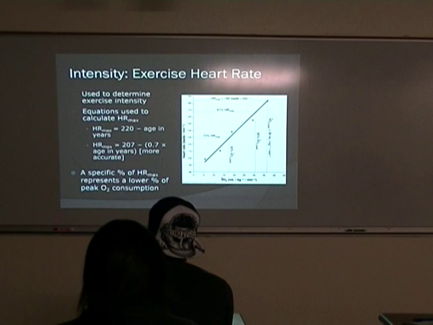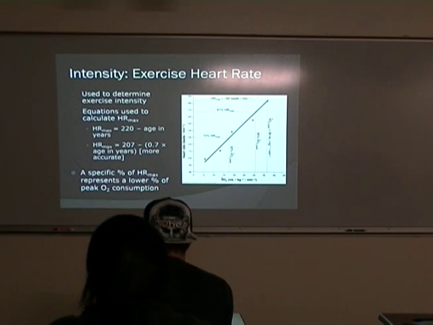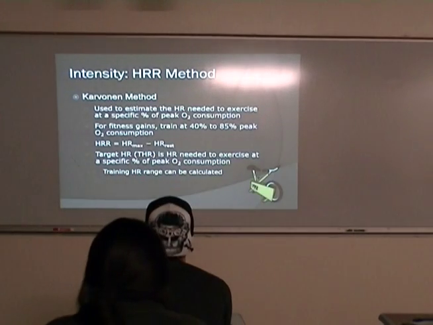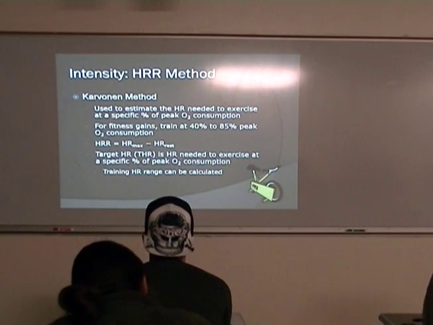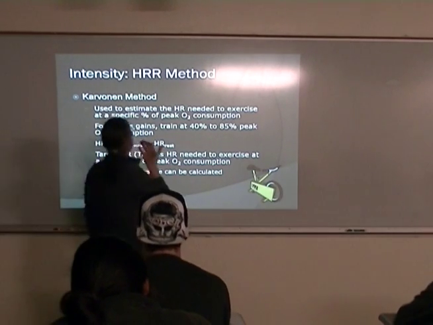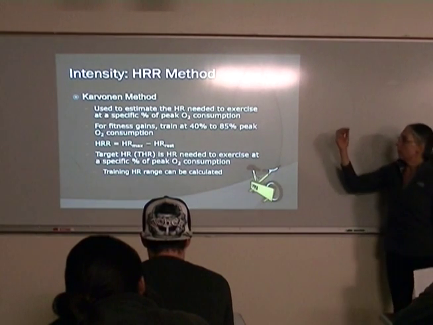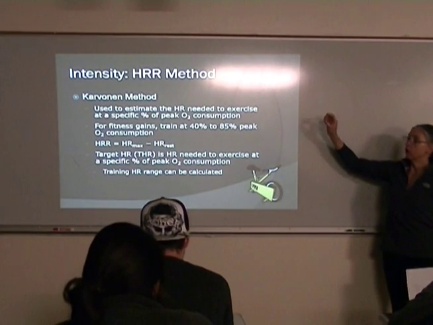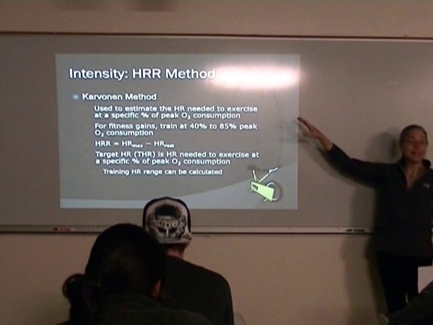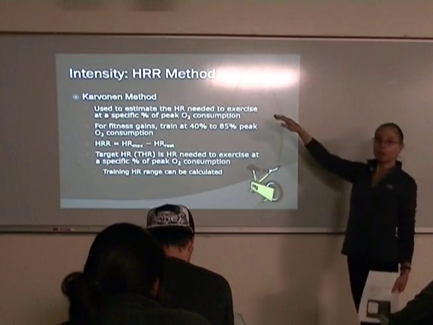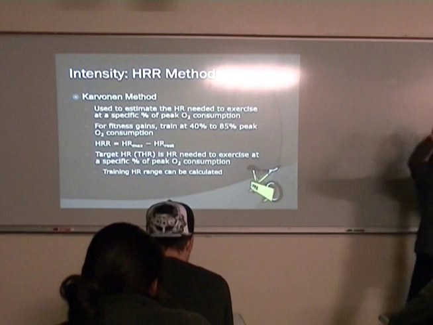However, there are other measures out there that you're going to see. So let's have a look. This is the other one that Dr. Barlow was talking about, heart rate reserve. Right? Heart rate reserve is useful because it is a way of using heart rate to estimate VO2.